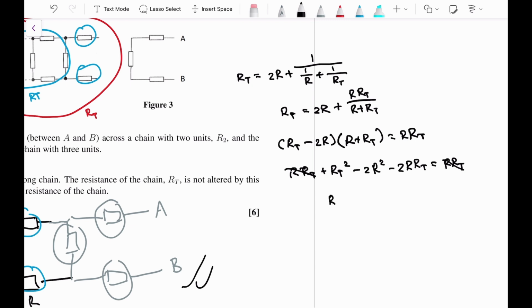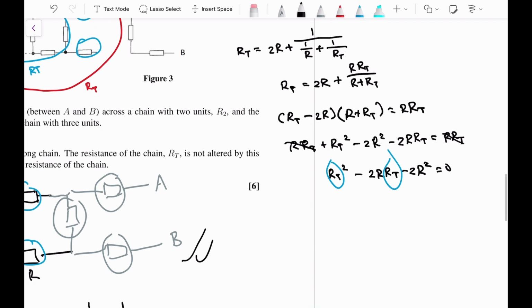What's left will be RT squared minus 2R RT minus 2R squared. Notice how I actually made this into a quadratic equation, and the variable is RT.